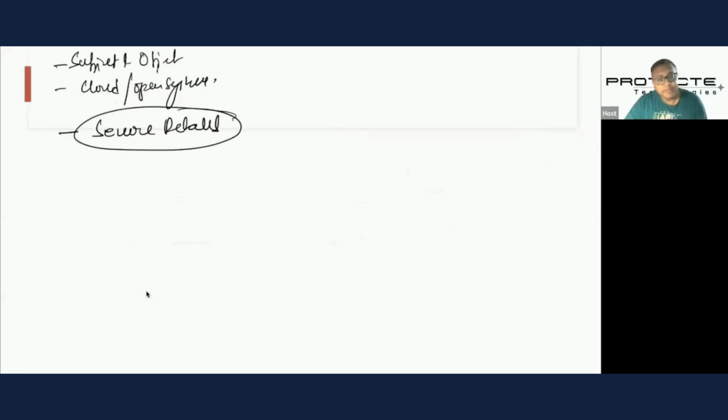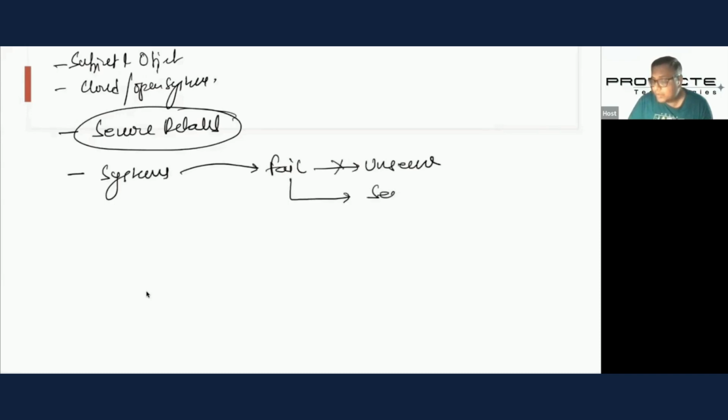A certain amount of default security should be built into the system once you are architecting and engineering it. Whenever you're designing systems, ensure that if the systems go into failure, they should not become insecure. They should fail into a secure configuration.